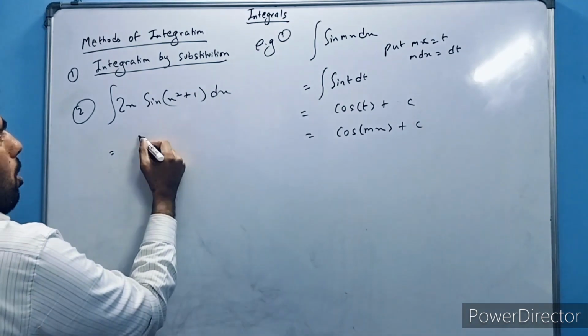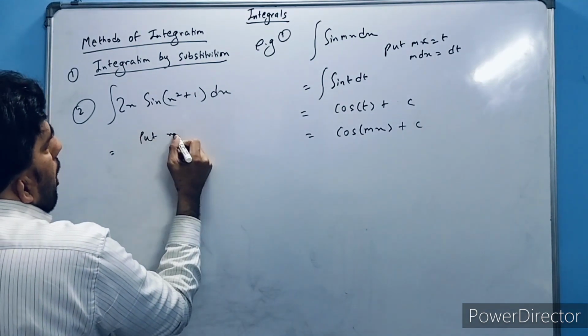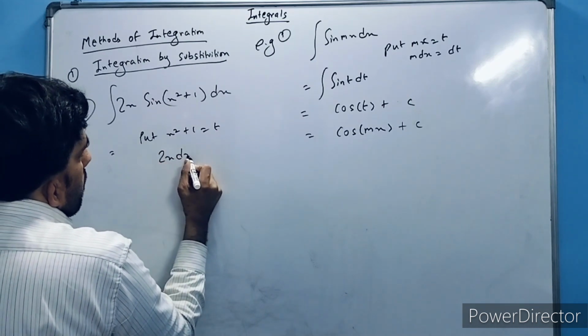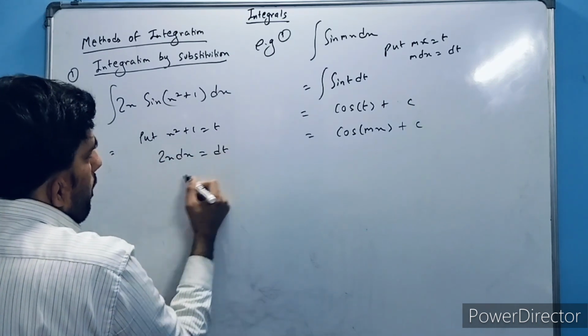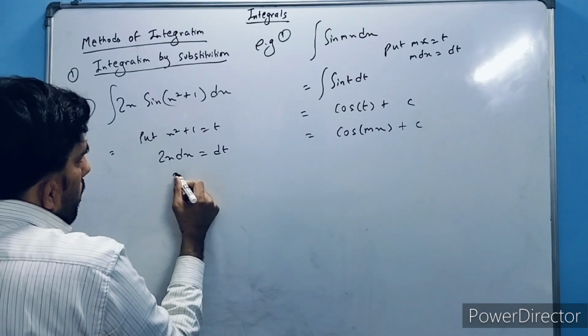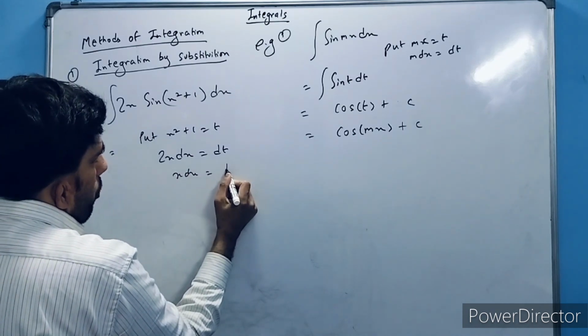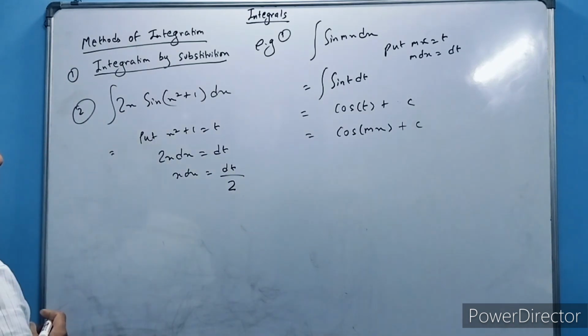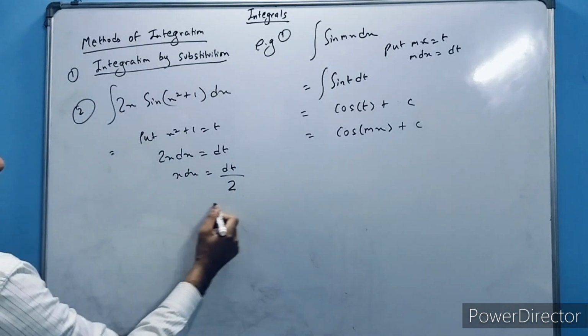Let us see how. Put x square plus 1 equal to t. So 2x dx is equal to dt, and x dx is equal to dt by 2. Now I can put the value here.